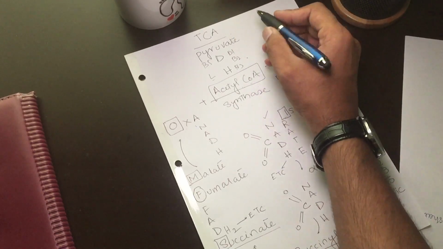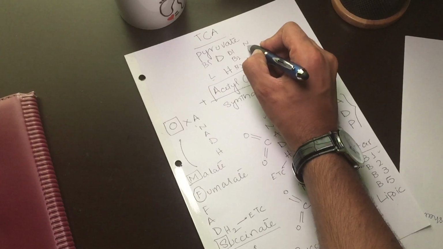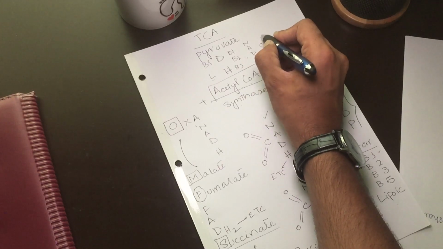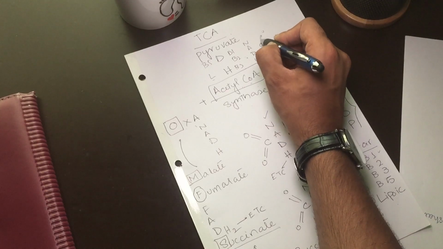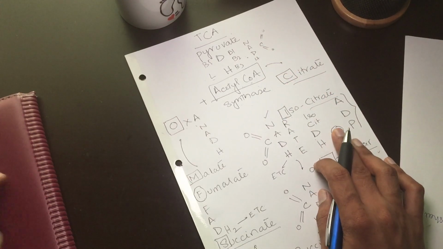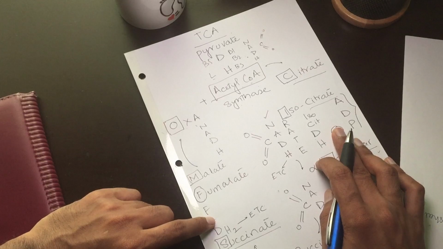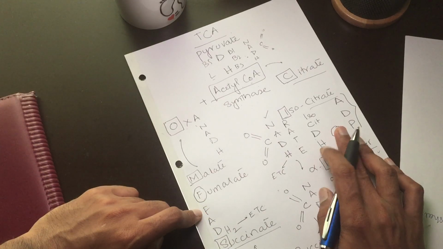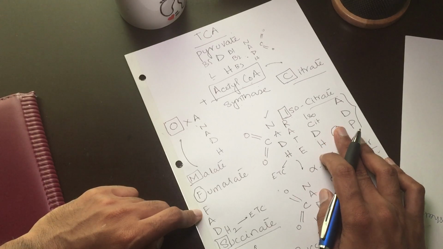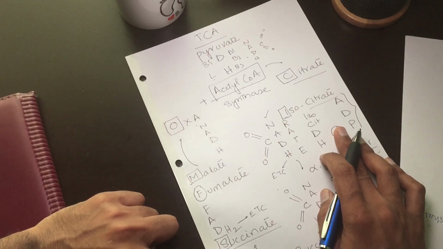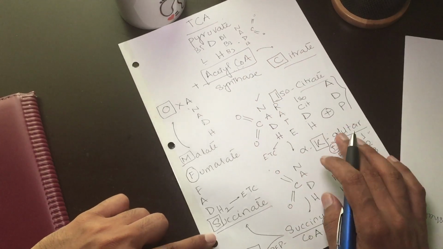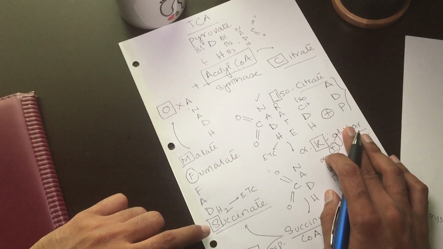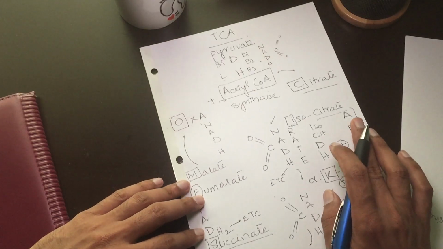Pyruvate to acetyl CoA, by dehydrogenation, releases NADH and CO2. Then the whole cycle releases 3 molecules of NADH, 1 molecule of FADH2, 2 carbon dioxide molecules and 1 GTP per acetyl CoA, and the whole system releases 10 ATPs. So this is all about the TCA cycle.